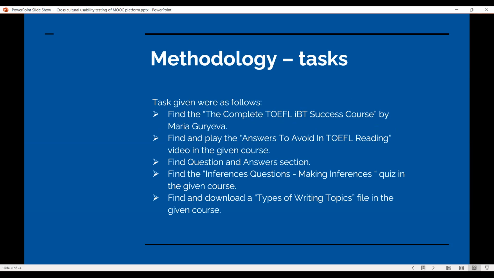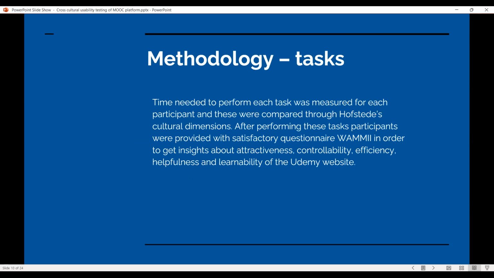The following tasks were given to participants: find the course, find and play a specific video, find the question and answer sections, find the quiz in the given course, and find and download a specific file. The time needed to perform each task was measured for each participant, and these were compared to Hofstede's cultural dimensions. After performing these tasks, participants were provided the VROOM3 questionnaire.